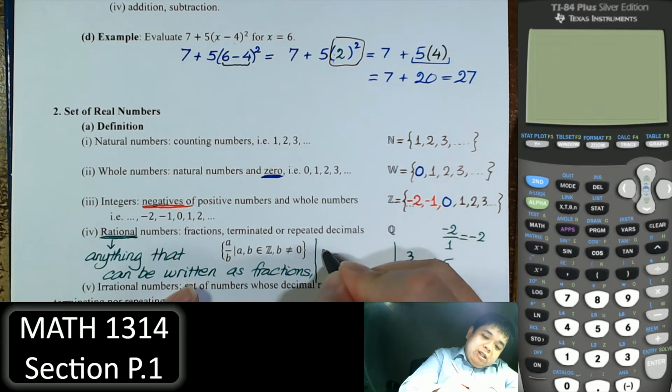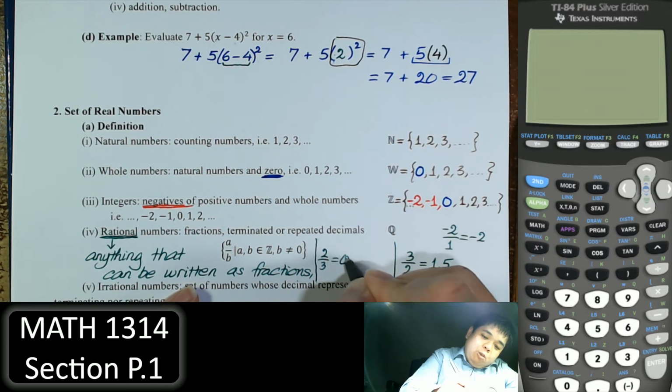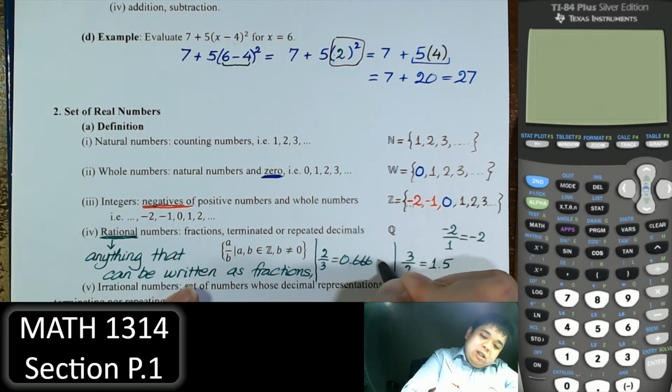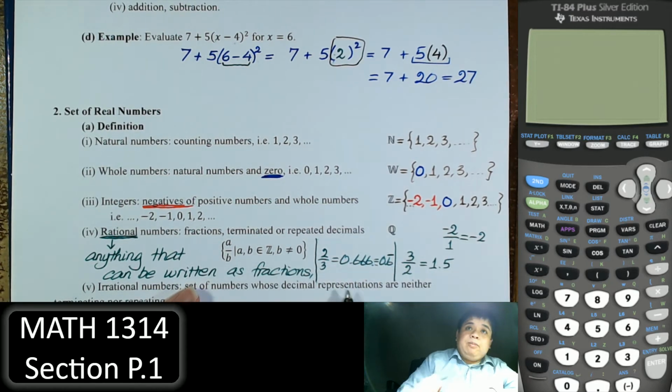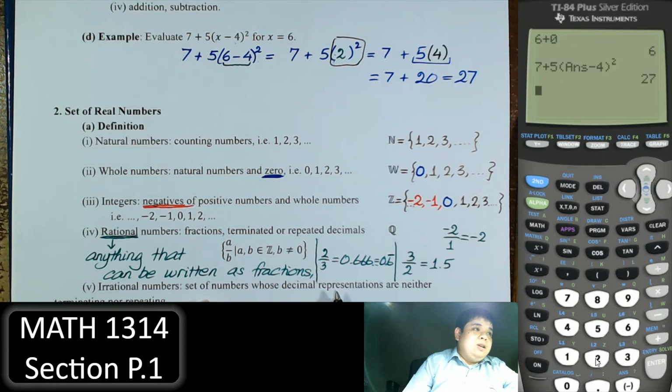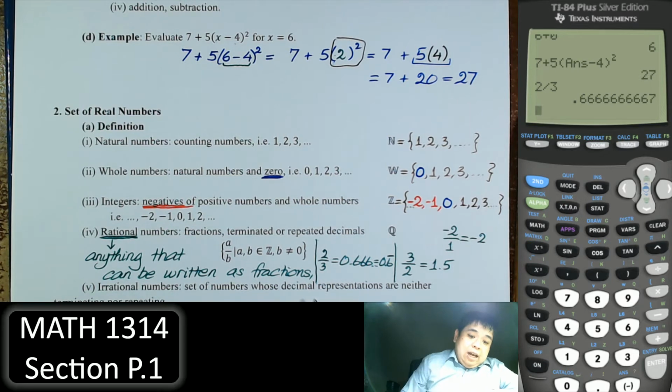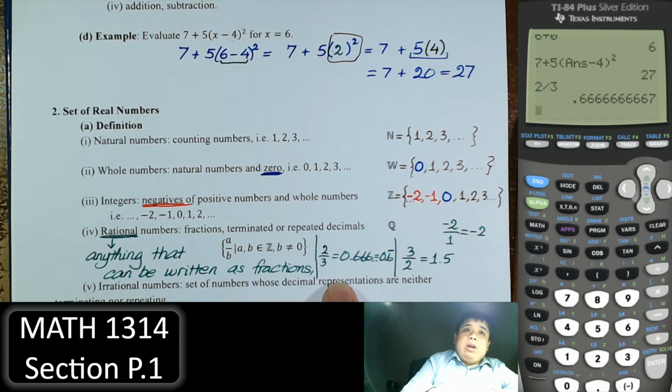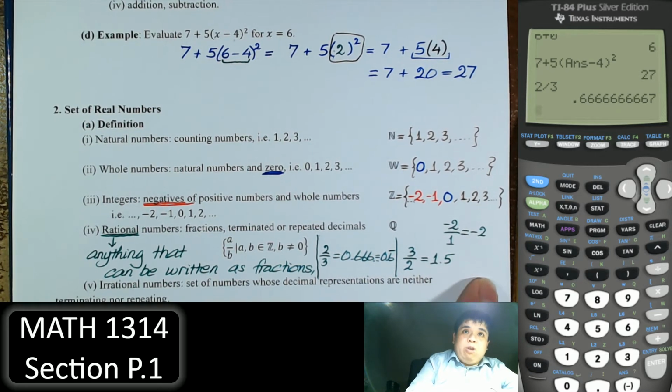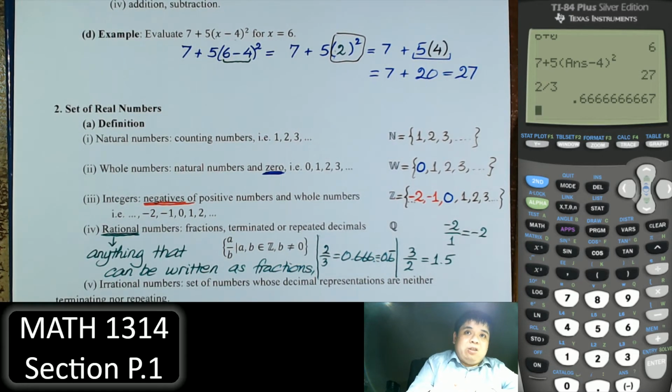Also, 2 over 3 is 0.666, or just say 0.6 repeating. So if it is repeating, it can be written as a fraction. If it is terminating, it does not go on forever, we can also write that as a fraction. So integers, fractions, terminating or repeating decimals, all of those together are rational numbers.